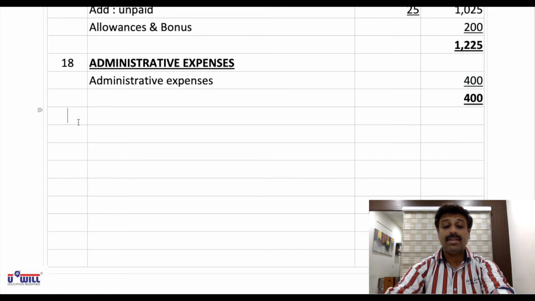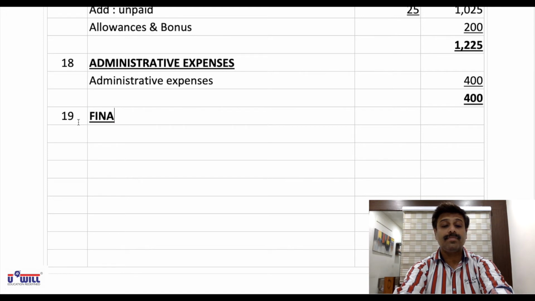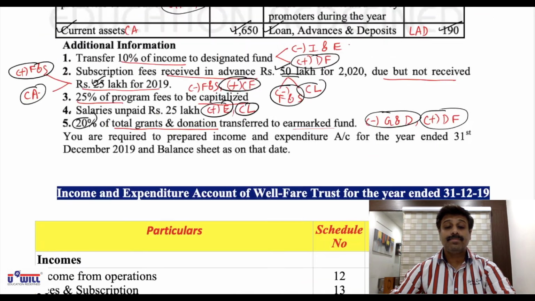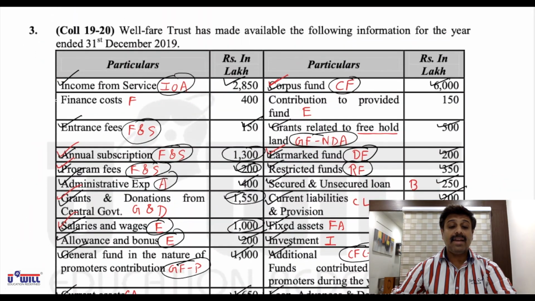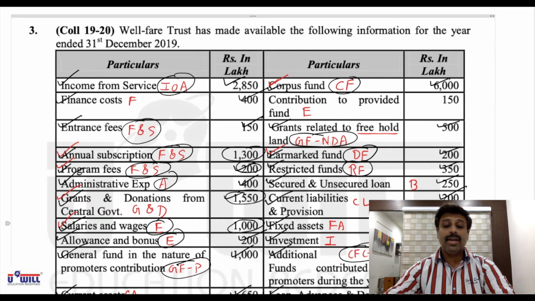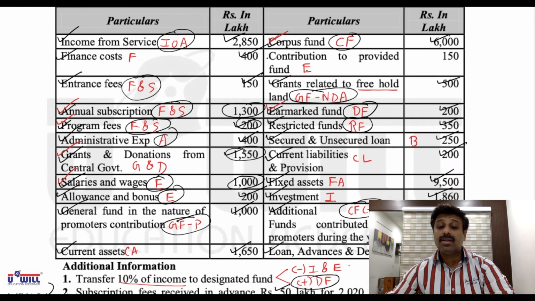Then after administrative expenses, finance cost. F marked items. Directly finance cost is given 400. No other item we have. Okay, in employees benefit we skipped out this contribution to provident fund 150. That also you all write it.